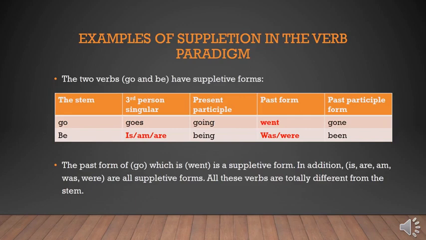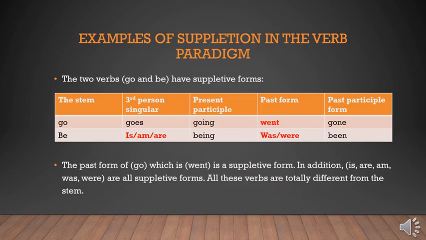So this total change is called suppletion, and this form of the verb, went, is called a suppletive form. So went is a suppletive form of the verb go. The past participle is gone. So in the verb go, we have a suppletive form in the past form, which is went.